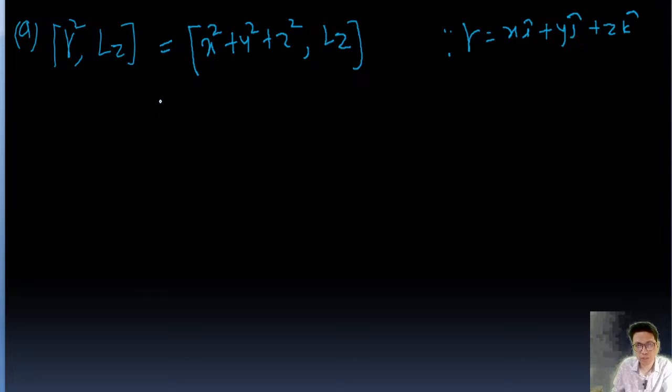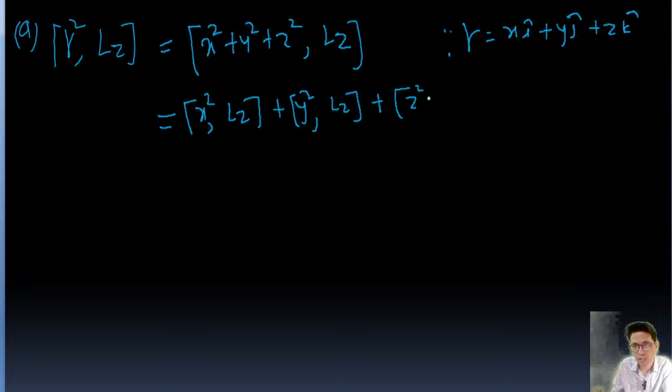Now we'll use the commutation property. So this is going to be the commutation of x square comma Lz, plus y square comma Lz, plus commutation of z square comma Lz.